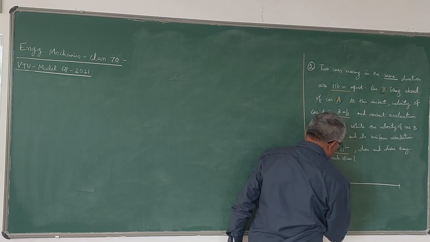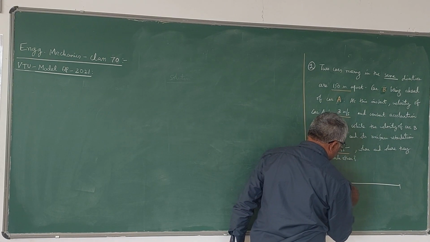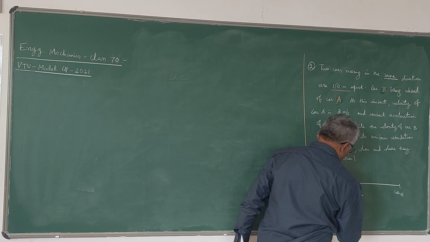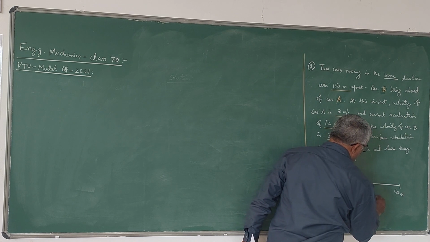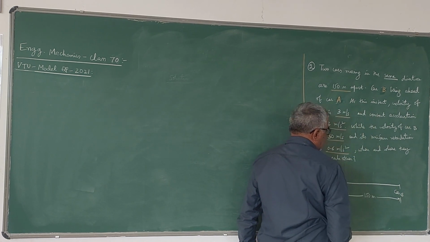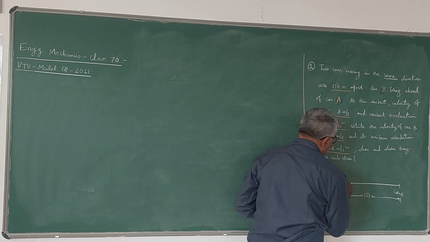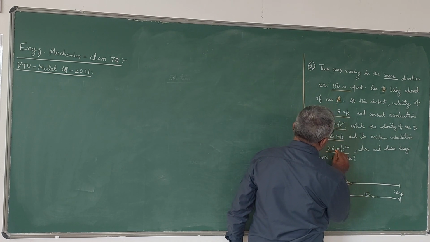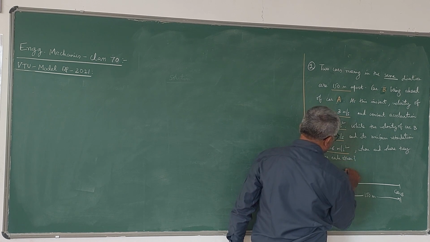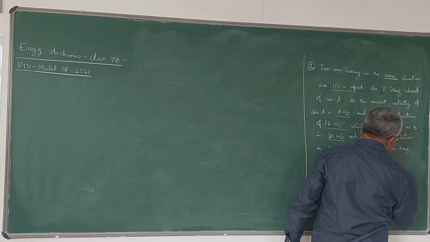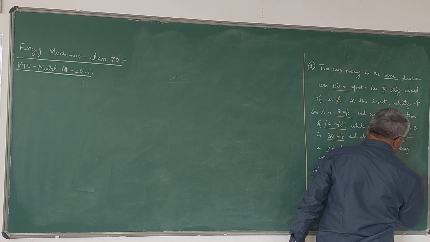Let me take car A here at this point and car B here at this point. The distance between these two is 150 meters. Car A is moving with an initial velocity of 3 meters per second, whereas car B is moving with an initial velocity of 30 meters per second.